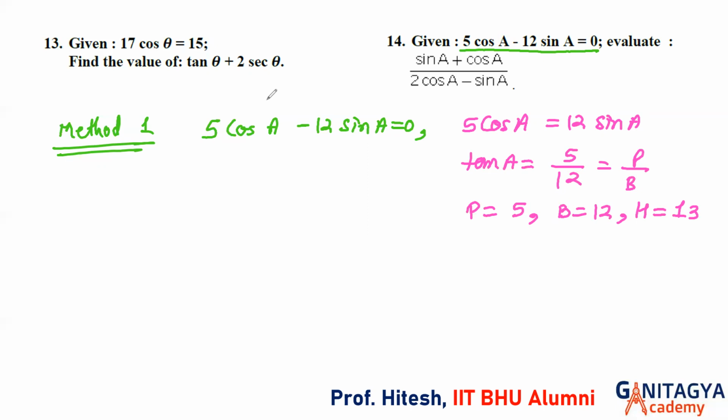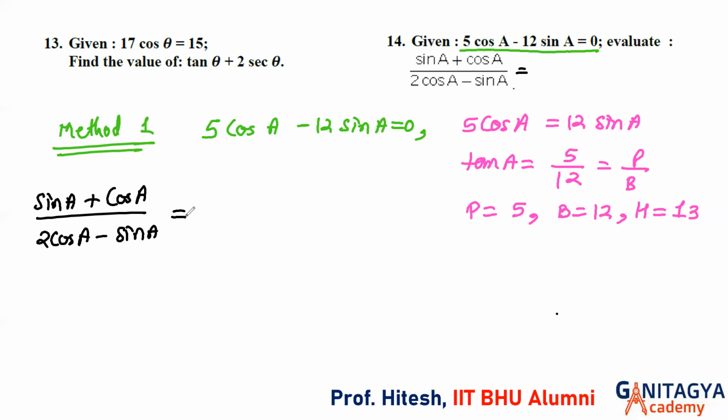This is method number 1. So tan a will be 5 upon 12. Okay? So what you can do, you can put it here. Now we have to find out its value. So sin a plus cos a upon 2 cos a minus sin a. This is method number 1.